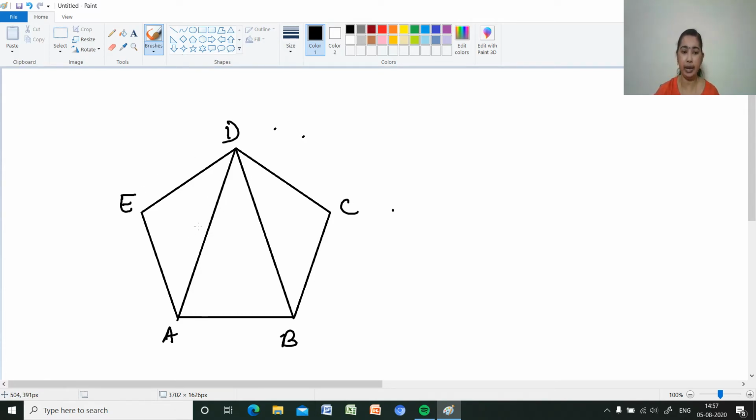For AD we have to draw a parallel line at E, and for BD you have to draw a parallel line at C. AD ki parallel ആയിട്ട് E ൽ വരയ്ക്കണം, BD ki parallel ആയിട്ട് C ലും വരയ്ക്കണം.